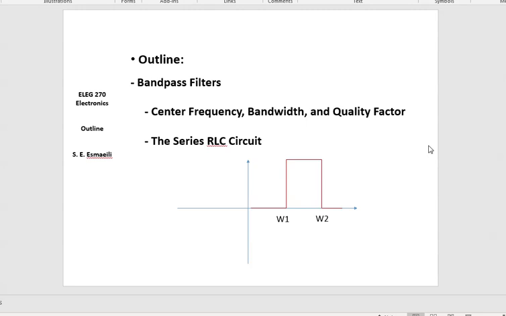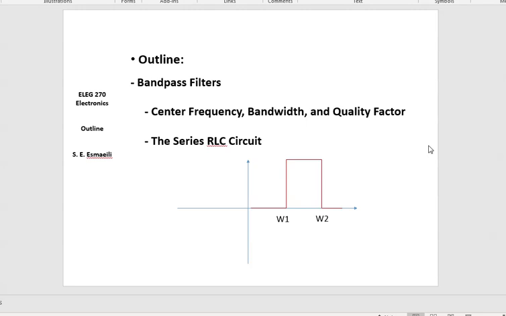We learned how to make them with RL circuits and with RC circuits, and as you remember, one circuit, the RC circuit, can work both as low pass and high pass. It depends on where we take our output.